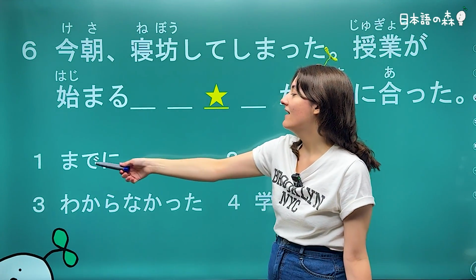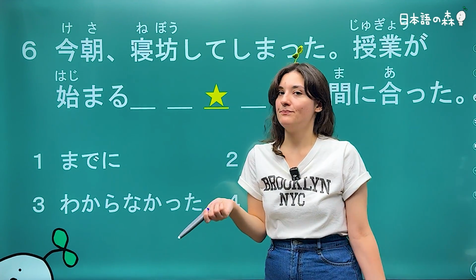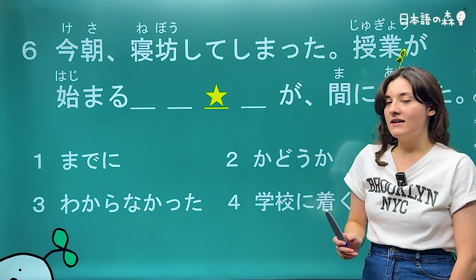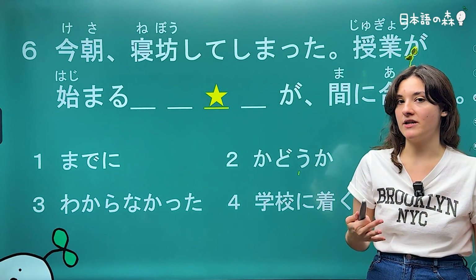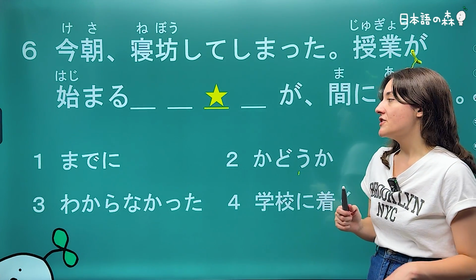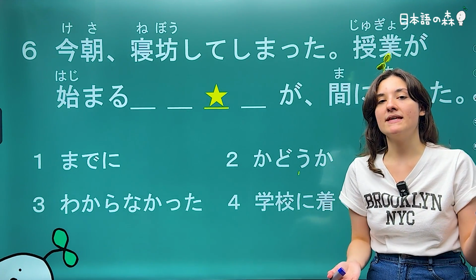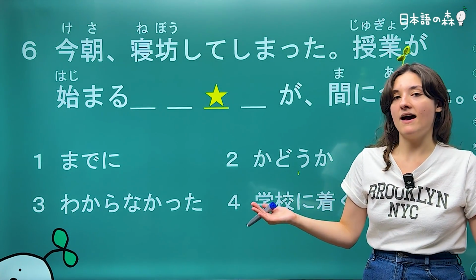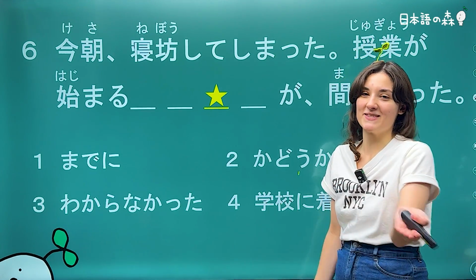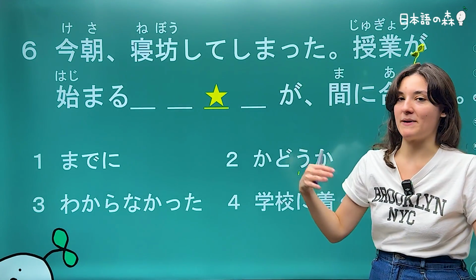So let's see what we got. までに, that means until. かどうか, this is something you put after a yes or no question to embed it in a sentence. So in English it would be like, I didn't know whether or not I would make it in time, but I blah blah blah. And then the sentence continues. So that's what it means by embedded.